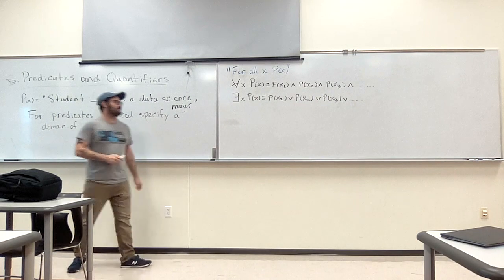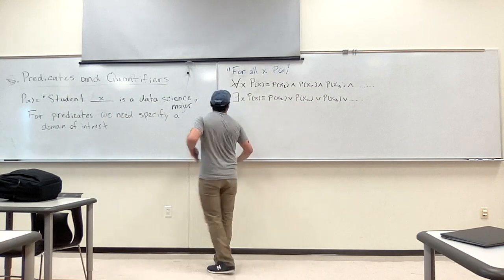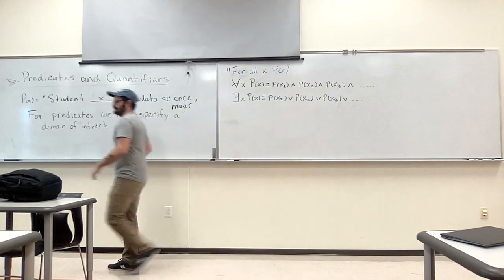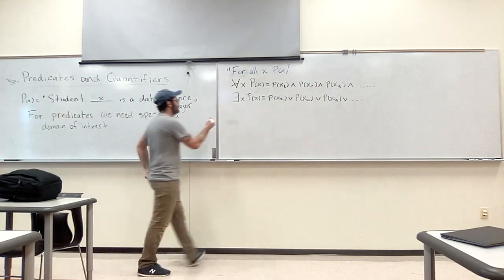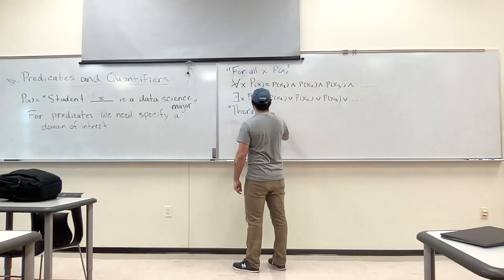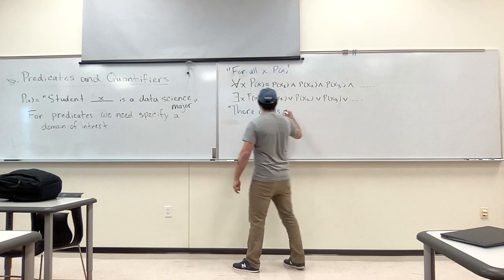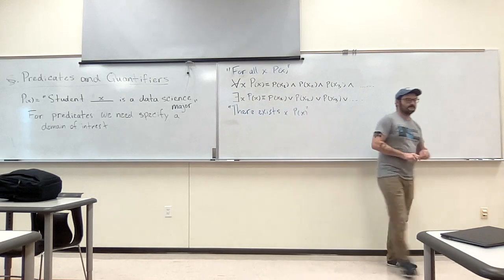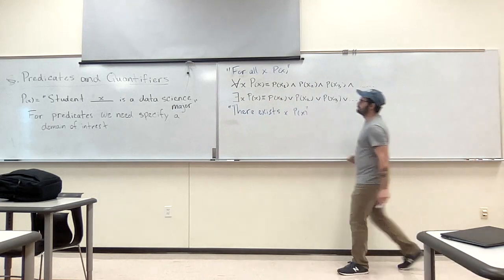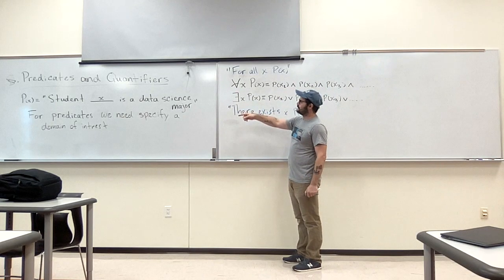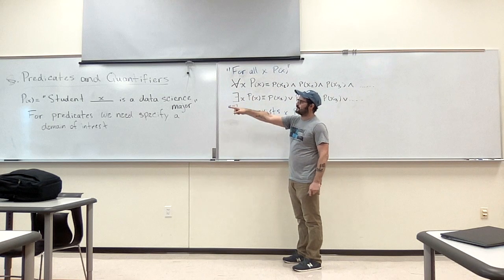Existence. So this is read here: there exists x p of x. You're on the right track. So using that predicate over there, we can say there exists a student X in this class such that student X is a data science major.